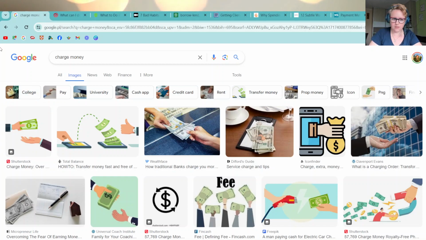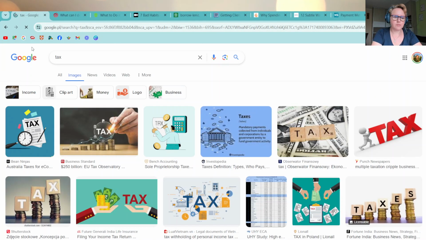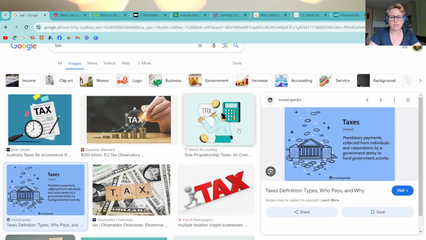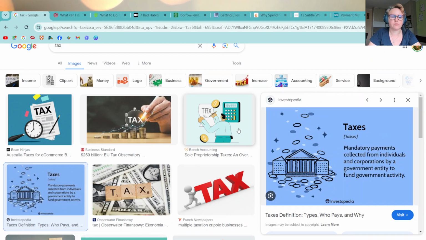Anything else here? Tax. Tax is something that we all have to pay if you work. Well, not only, there are different kinds of taxes. You go to the shop and you have to pay VAT tax on the goods that you buy. But okay, if you work, there's also income tax.